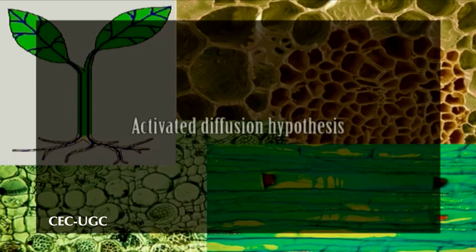This theory is not universally accepted because the rate of translocation in phloem is much higher than could actually be achieved by simple diffusion, and the translocation rate is affected if the supply of oxygen is stopped or when the tissue is poisoned.